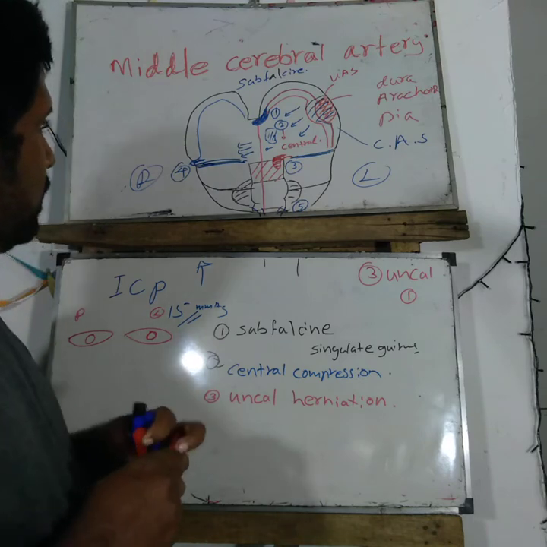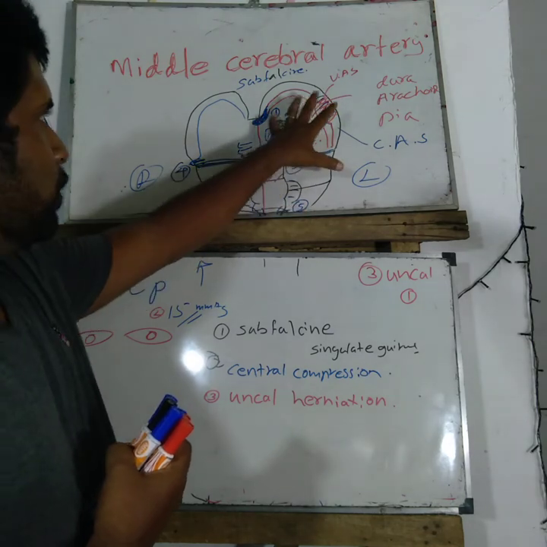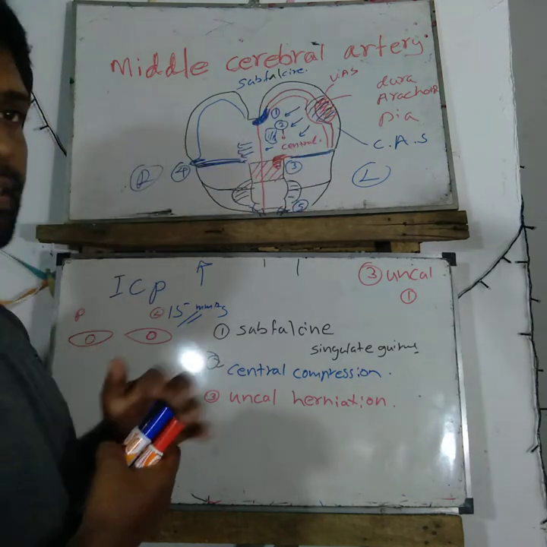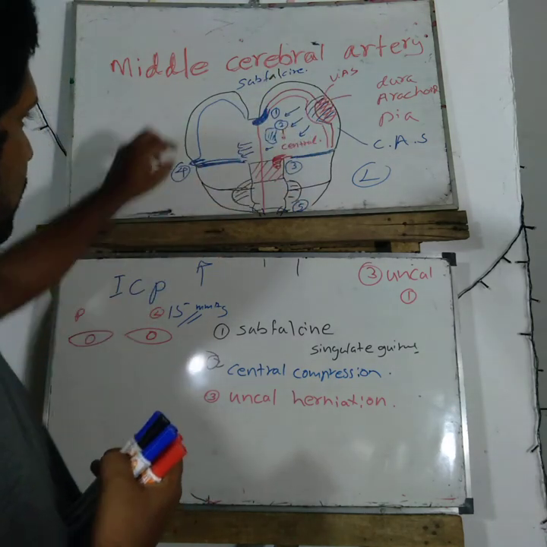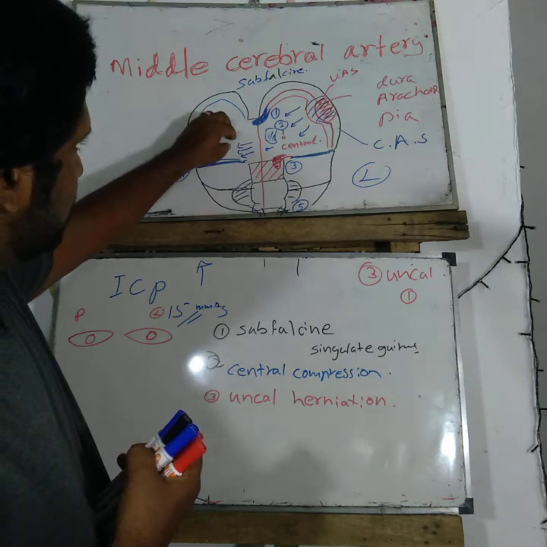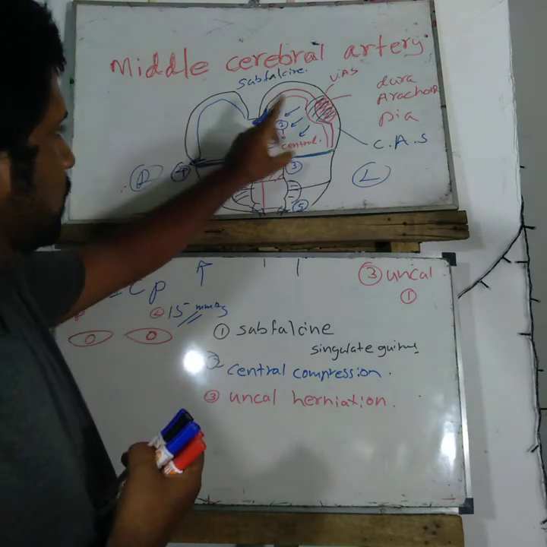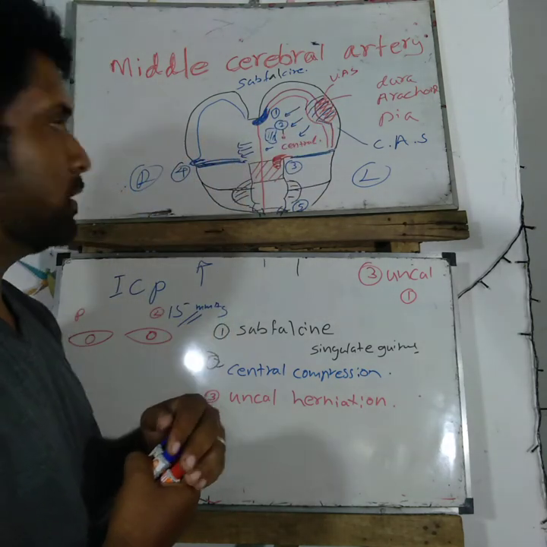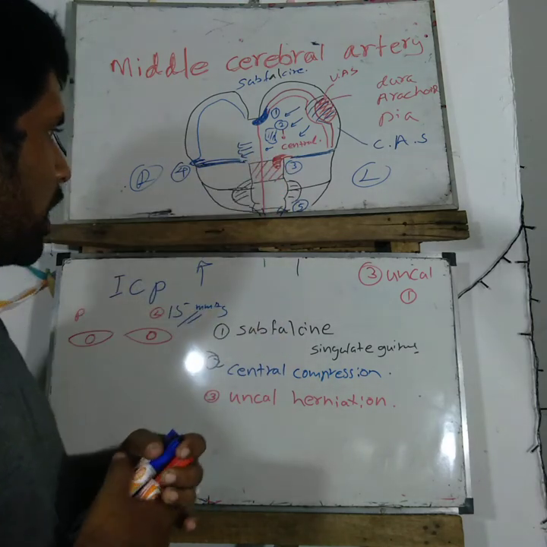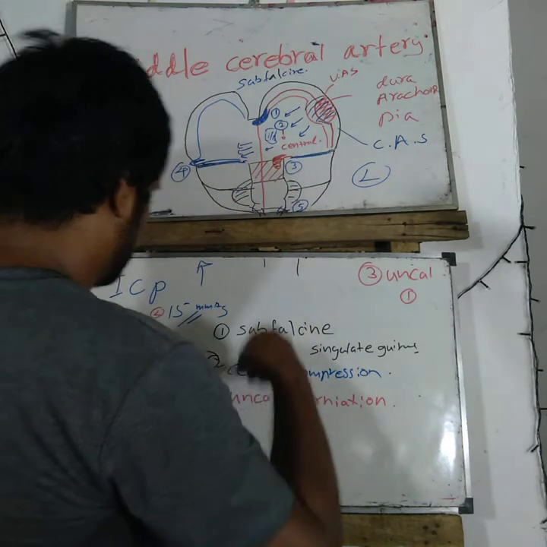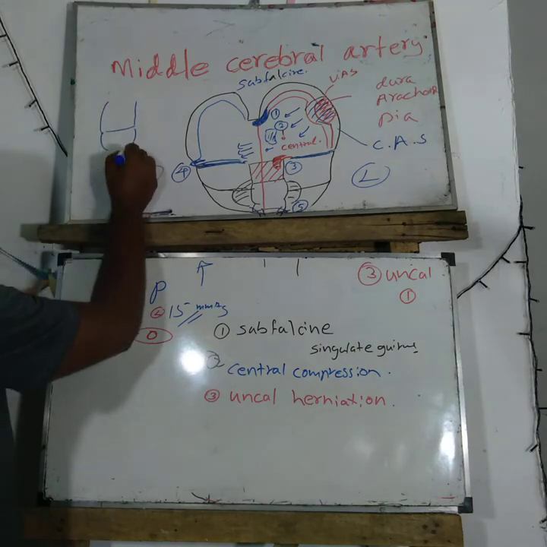When the compression happens in this area, it affects the body contralaterally. The middle cerebral artery damage is contralateral. The eye is also affected on the contralateral side, but the ipsilateral eye is normal. Then the normal eye is compressed by the uncal herniation. This compresses the brain stem. Then the brain stem is the most important to discuss. Brain stem.